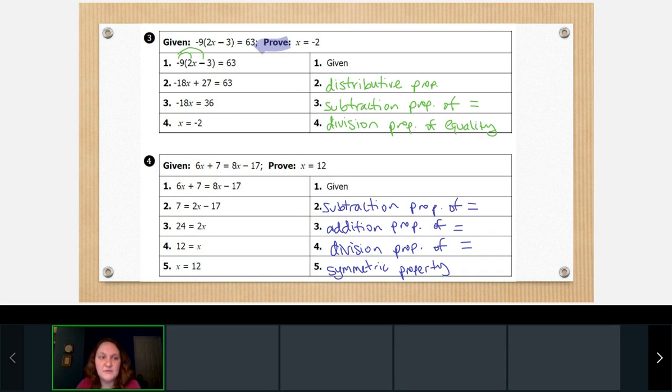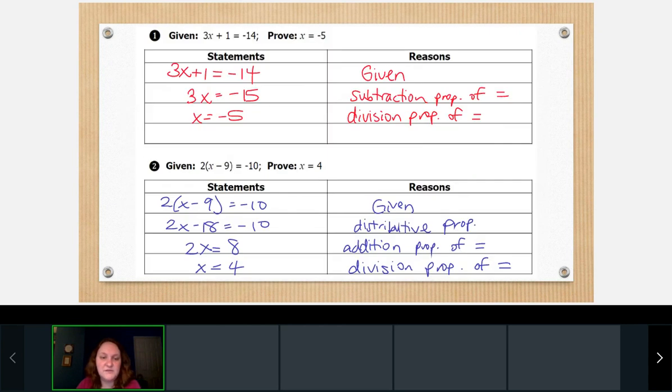That is not a reason. You should never, ever be using the word proof or prove as a reason. Let me write that down over here. The word proof, the word prove, those are never going to be reasons, ever.